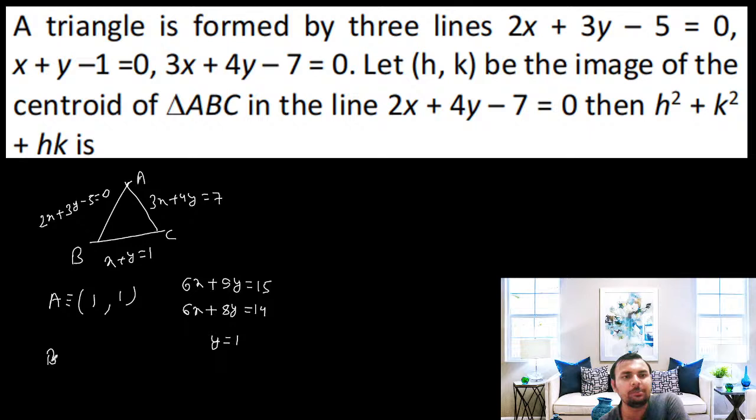Now for b, we are calculating for b. Simply 2 times of x will get minus. So it will become y. Y equal to 2. Y equal to 3. Okay, 2 times of that minus. Y equal to 3, x equal to minus 2. Okay, this is minus 2.